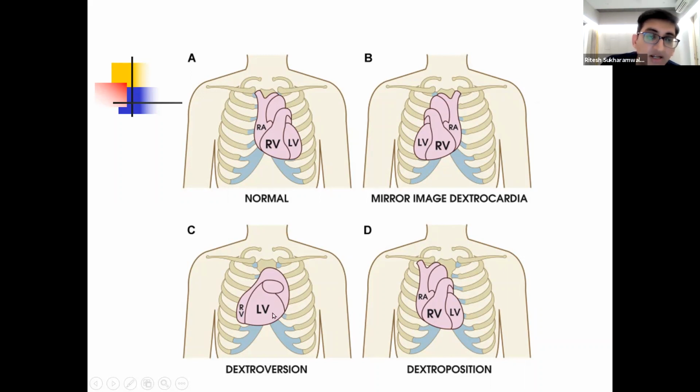But in this particular case, because there is a rotation, there is no situs inversus totalis. The left ventricle will become anterior and the right ventricle will become posterior. And in dextroposition, you will have the same normal type heart, but the heart has just slid. It could be an embryologically slid heart, or it could be because of some pathology in the lungs.